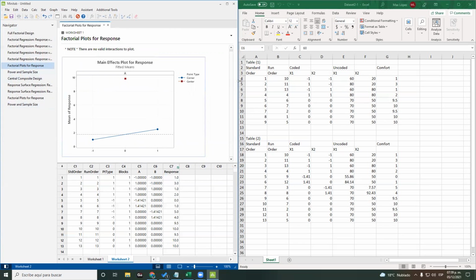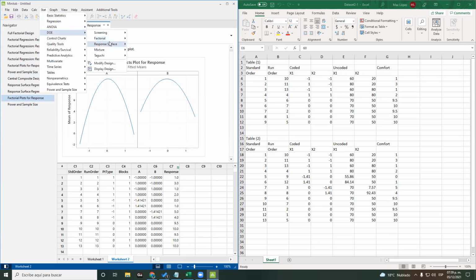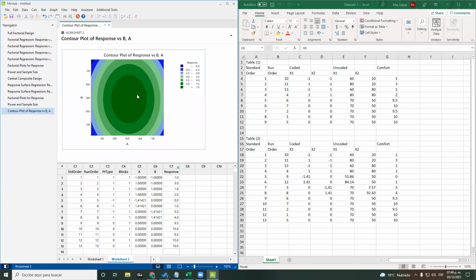And in our second table, we saw that in our interaction, just let me plot a contour plot to see the interaction. So as we can see, the higher response is yielded when B and A were at our center points, right?